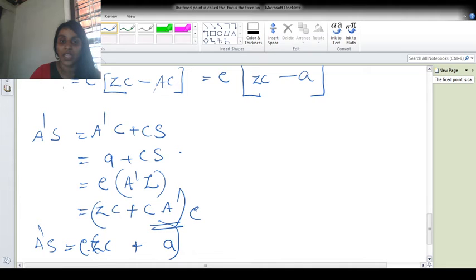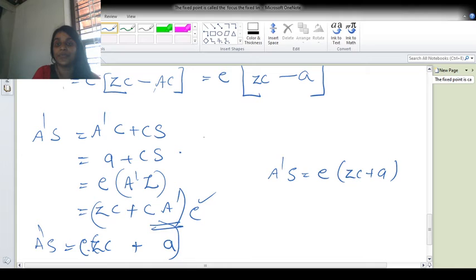So we got two equations. One is A dash S equal to e ZC plus a. Another one is AS equal to e ZC minus a. You can add these two equations.